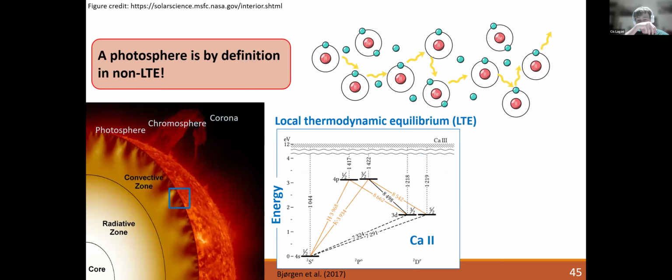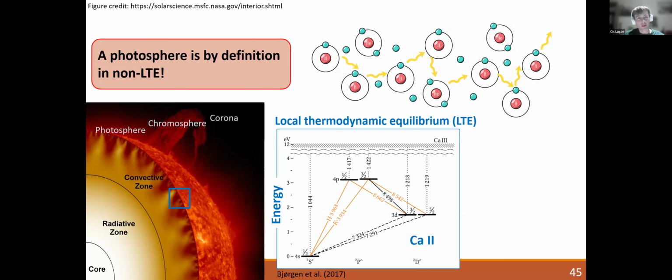So let's start with the most important point, and that's that the photosphere is by definition in non-LTE. So non-LTE is the reality, while LTE is the assumption. The reason is that the assumption of LTE is that photons are continuously absorbed and re-emitted in your gas, in your atmosphere, so no photon can travel very far.